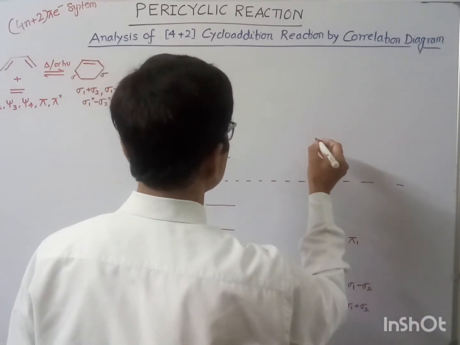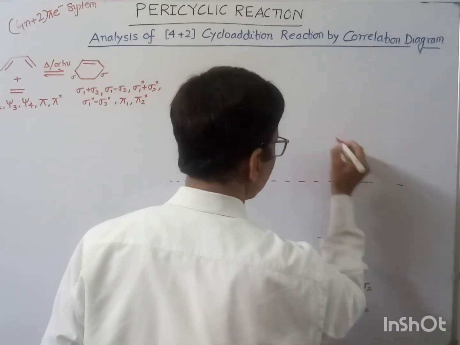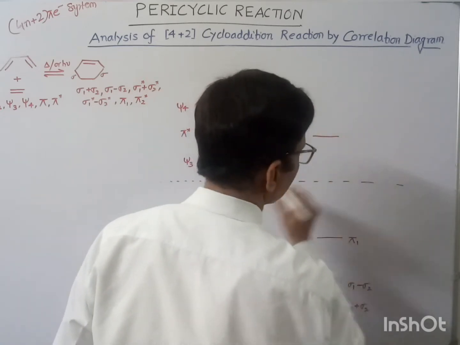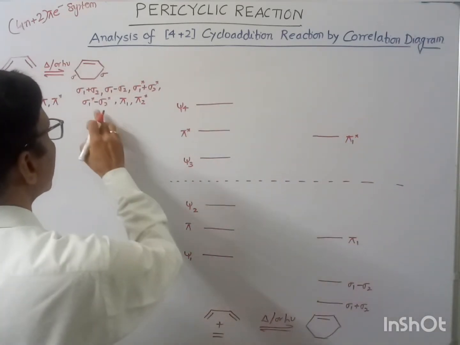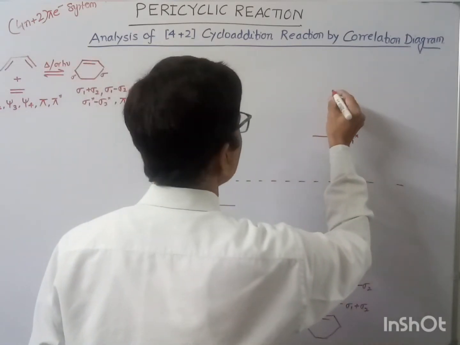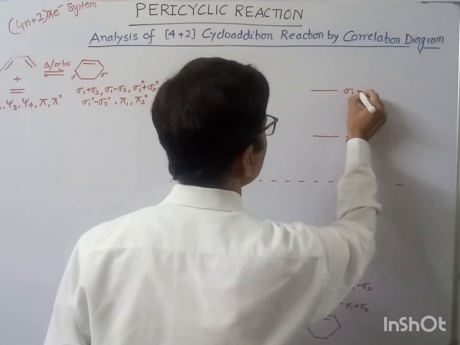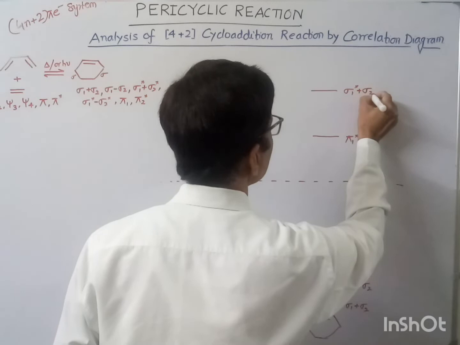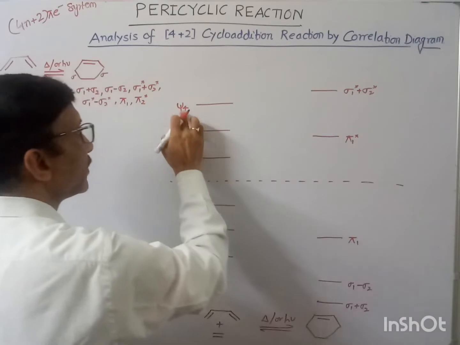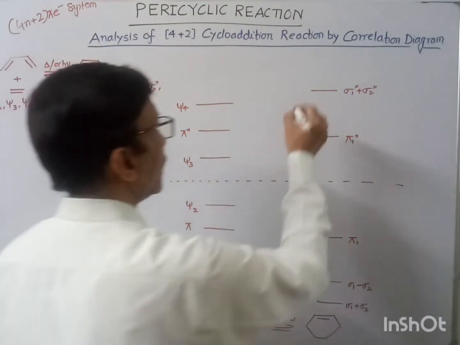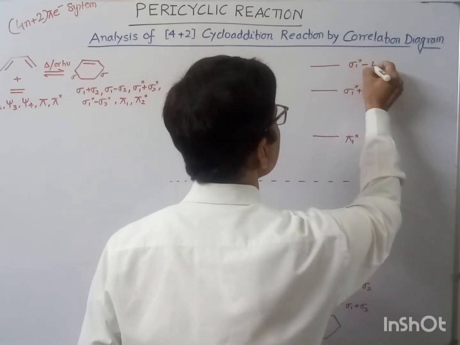Then I should write the next orbital here. Okay, so this is pi 1 star, and then I should write sigma 1 star plus sigma 2 star, and above it I have written above psi 4, and then this one sigma 1 star minus sigma 2 star.